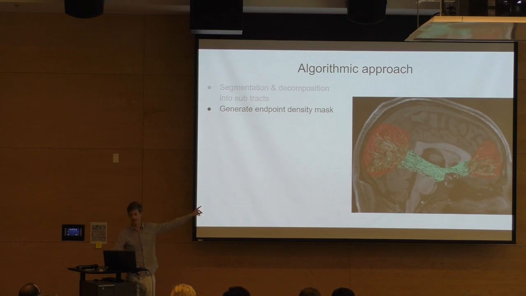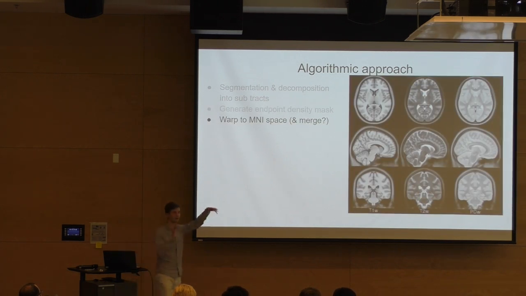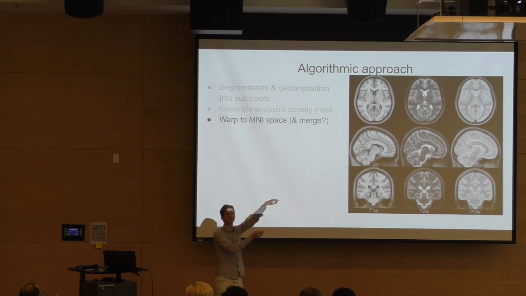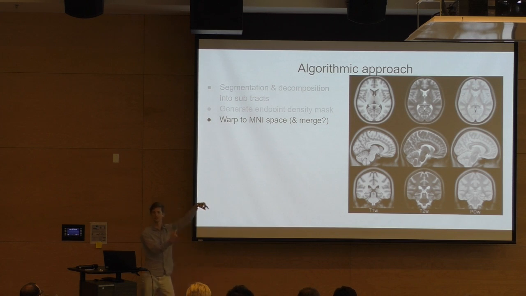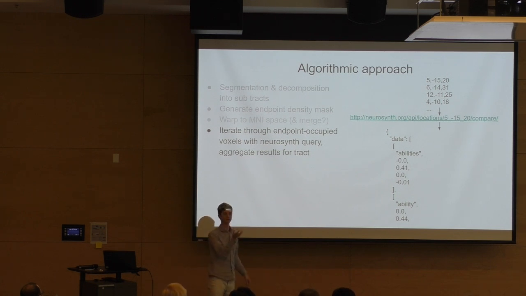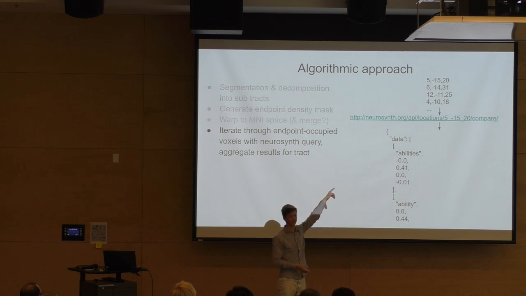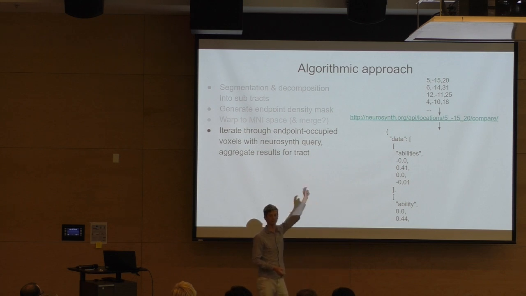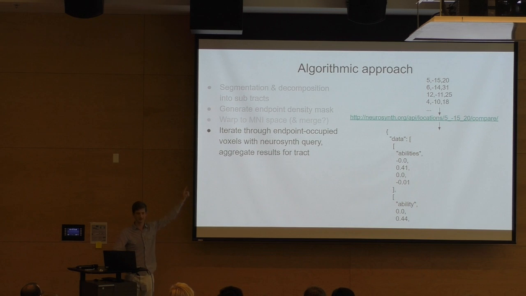Once you've done that, you then warp that subject space mask to MNI space, because that's where the information about the functions is stored. And we can then leverage NeuroSynth to go through the various coordinates associated with that mask and query NeuroSynth using the API to get specific loadings on coordinates and the various functions that are associated with them. So that's actually as far as I got here at the hackathon.